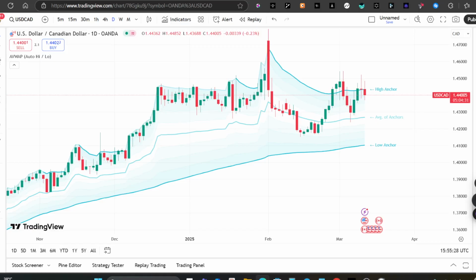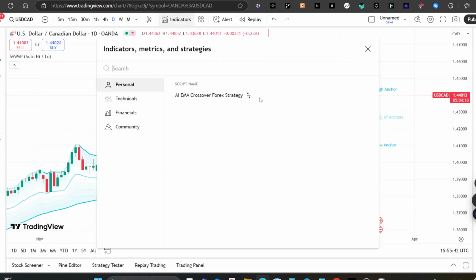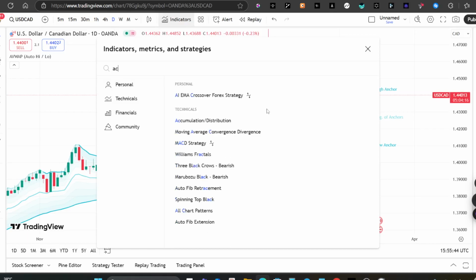Now that you understand what the anchored VWAP indicator does, let us set it up in TradingView. To add the indicator, open your TradingView and select your preferred asset, whether it's Forex, stocks, or crypto. You click on indicators and you search for the anchored VWAP.